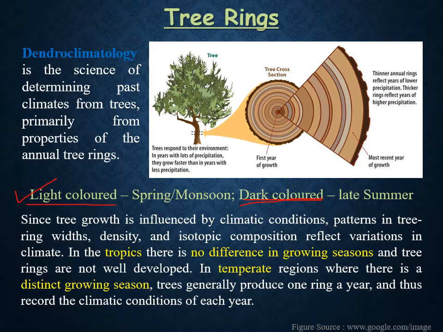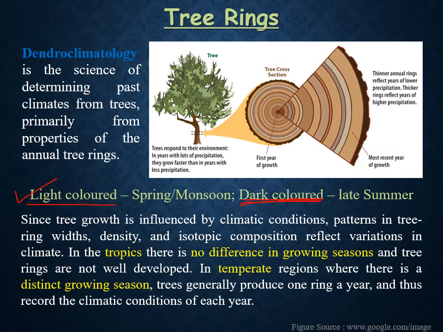So growth of the tree becomes disturbed, and in this time a tree forms dark colored layers. Together, one light colored band and one dark colored band constitute an annual ring, which is known as a growth ring.